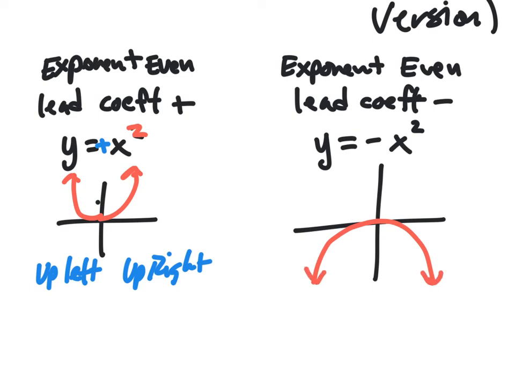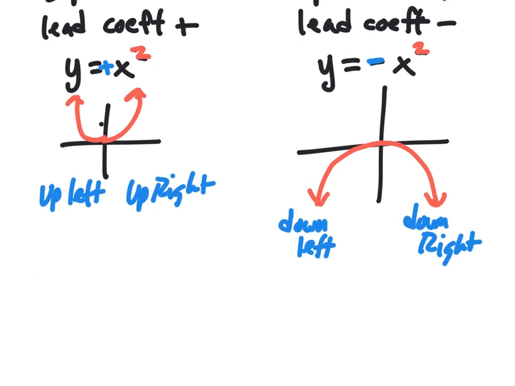This means you go down to the left, down to the right. Again, my leading coefficient is negative and my exponent is even.